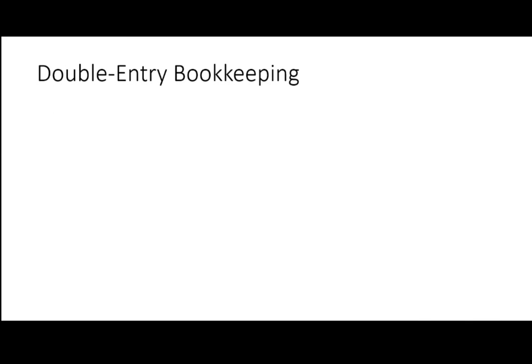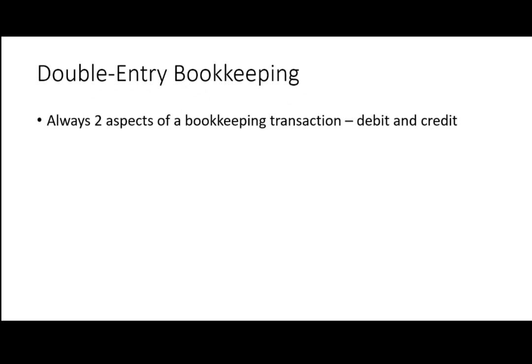Double entry bookkeeping or double entry accounting. So when recording the financial transactions of a company, a business, some sort of entity, there are always two aspects of a transaction which are referred to as debit and credit.